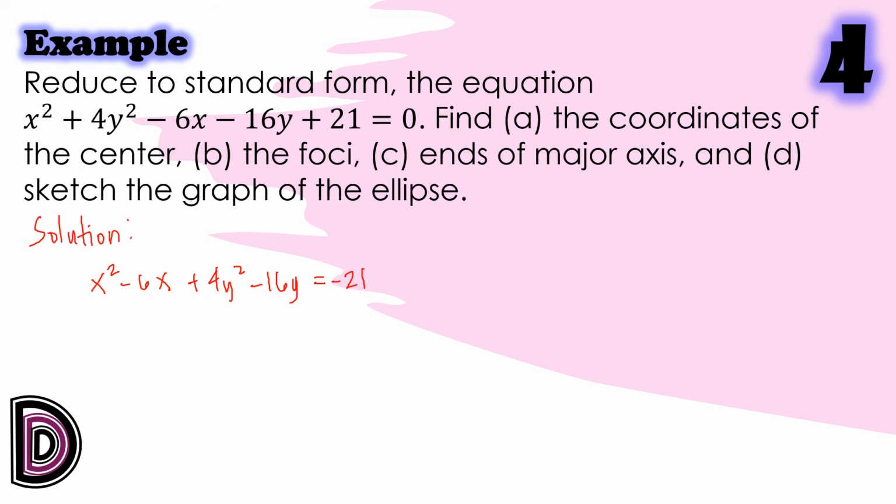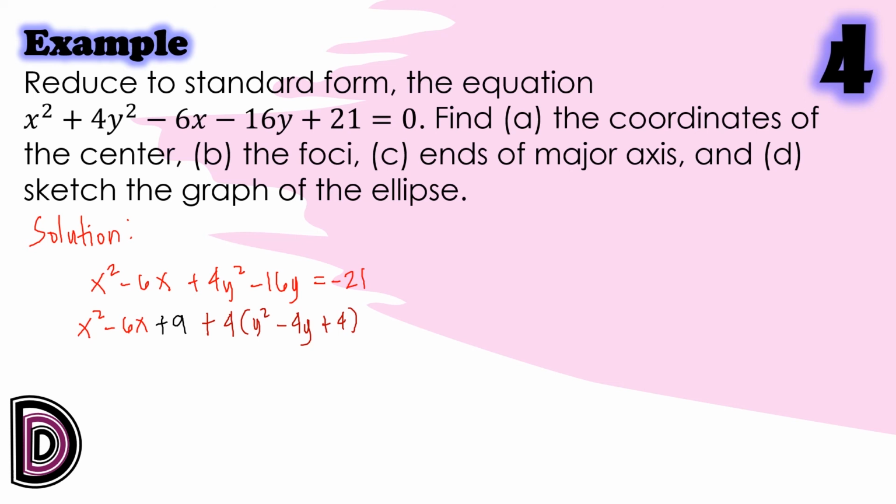Completing the square in x squared minus 6x, we'll have x squared minus 6x plus 9. 9 is obtained from negative 6 divided by 2 square. Then we have 4 times the quantity y squared minus 4y. Completing the trinomial, we have y squared minus 4y plus 4.